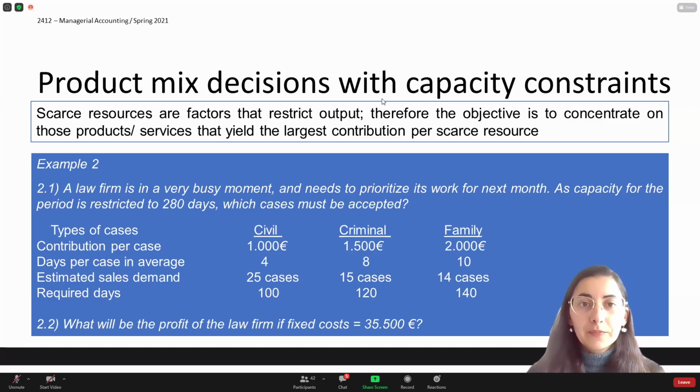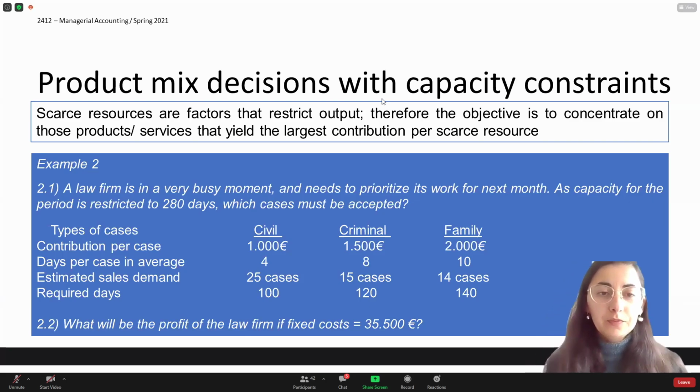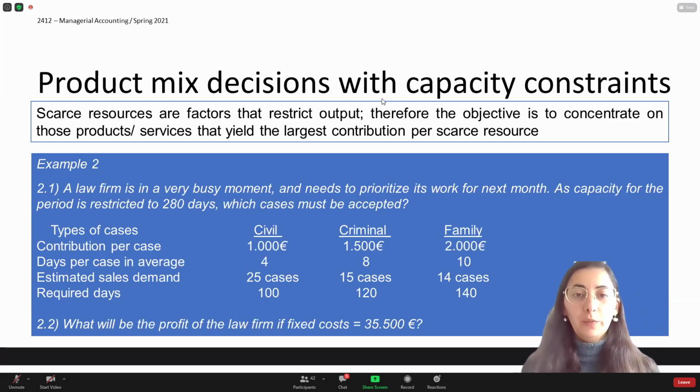I'm sorry, can you explain again the days? So why we're doing the 25 civil cases, so all the available cases, and then the 15 of criminal? For civil, what we did was to calculate the contribution per scarce resource.